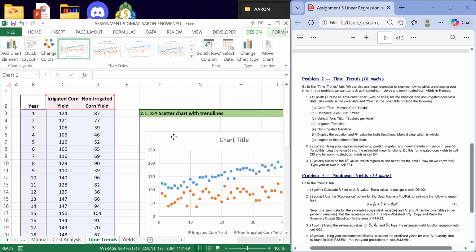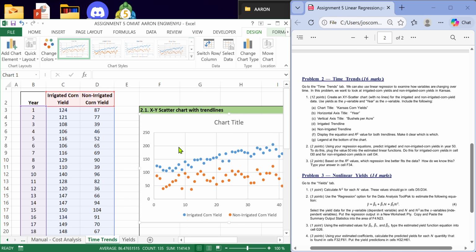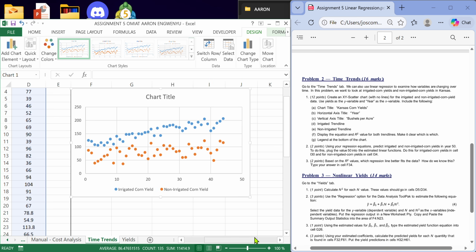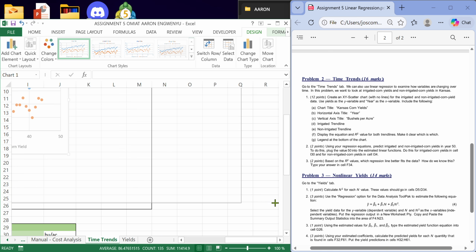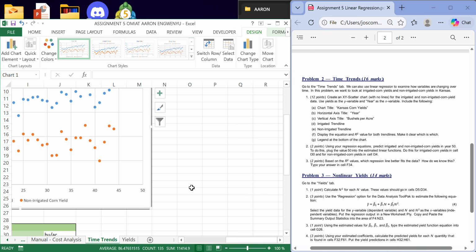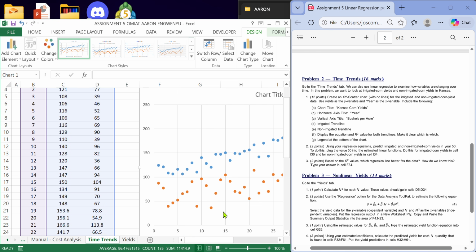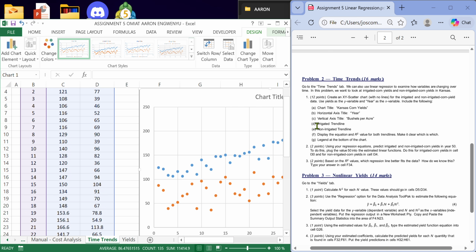Fix that in that corner. There we go. What else do they need? They need the chart title, called corn crop yields.